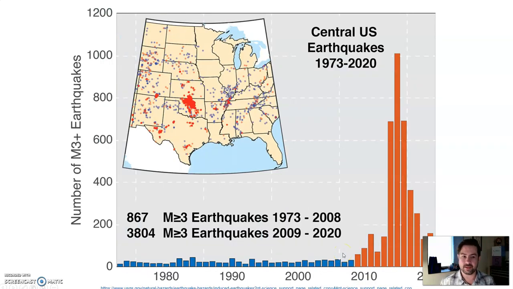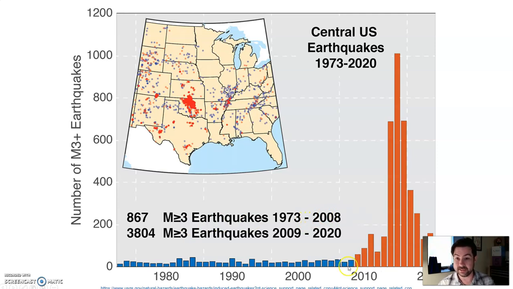So again, focusing on that Oklahoma area. This is a chart that looks at the earthquakes from 1973 up through 2020. Again, there are no ancient faults in these areas. It's not near a boundary, so these are strictly man-made earthquakes. You can see from the 70s through the 80s, 90s, and most of the 2000s, very little, about 867 magnitude 3 earthquakes or above up until 2008.